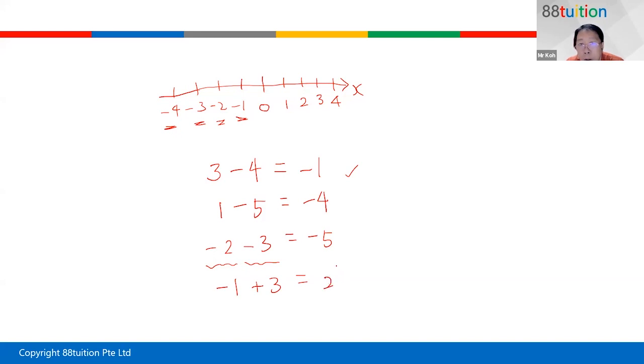Okay, very good. So that's correct. All right. So far, I think you're okay with the negative numbers. Maybe except this that you need to take note. So Mr. Ko will give you one last one.